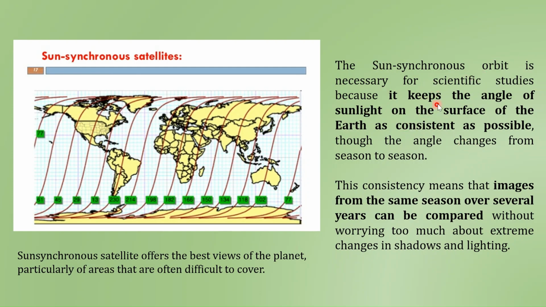This angle changes from season to season, and this consistency during acquisition gives us the facility to compare images from the same season over several years without much effect of extreme changes in the shadows or the lighting.